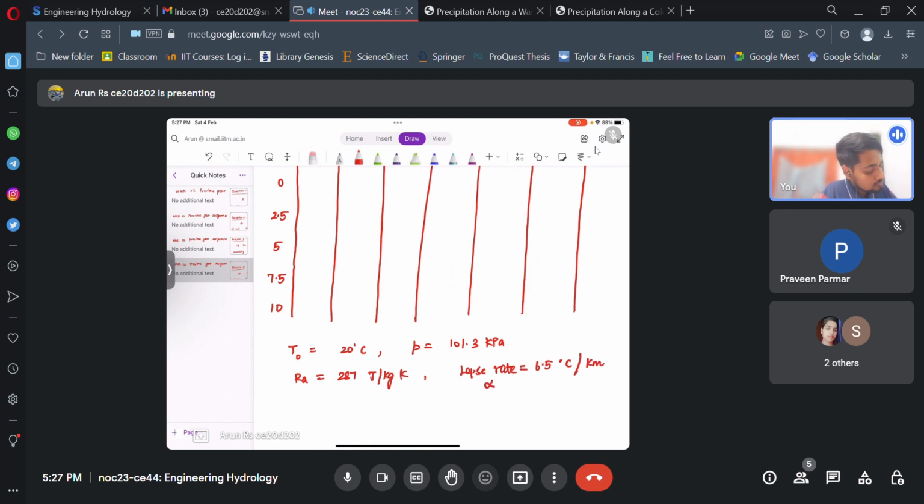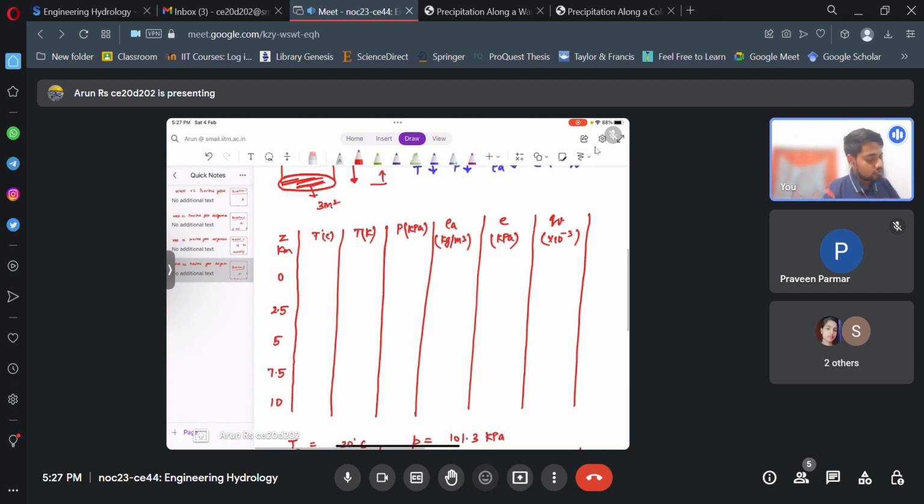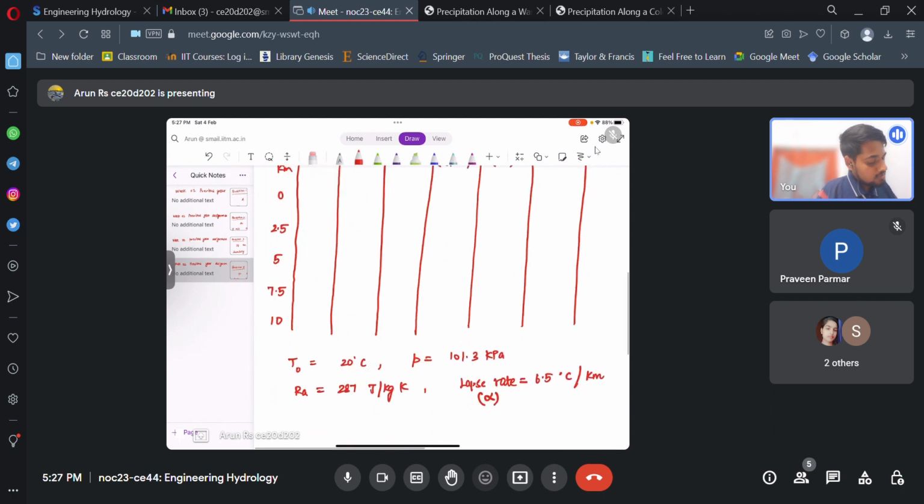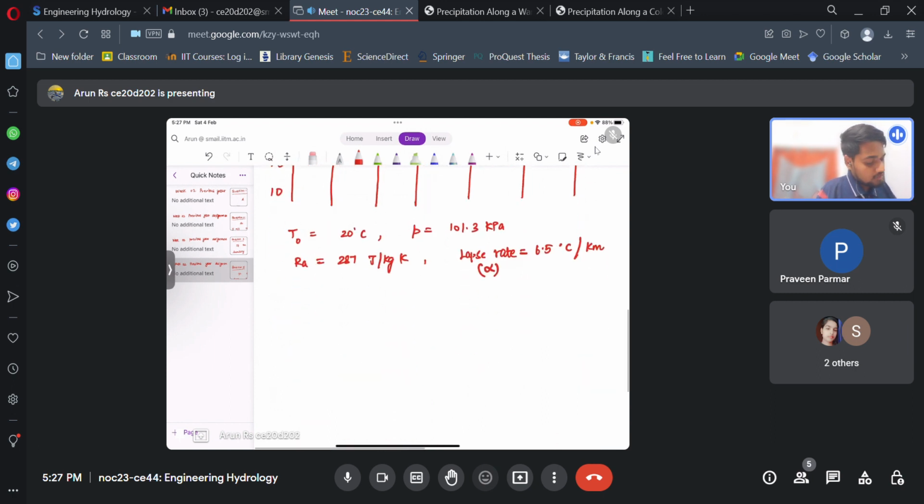This is your alpha. So the first step is to calculate the temperature in degrees centigrade for every delta Z which you have considered. I am going to do a sample calculation.